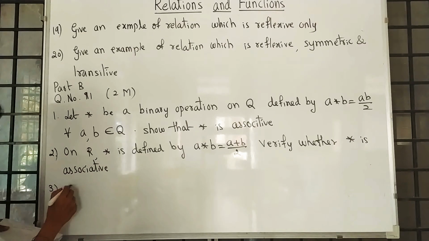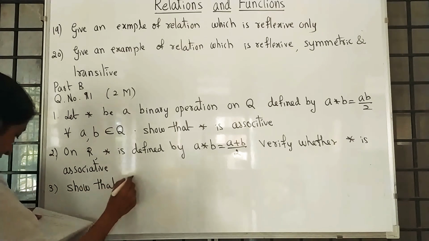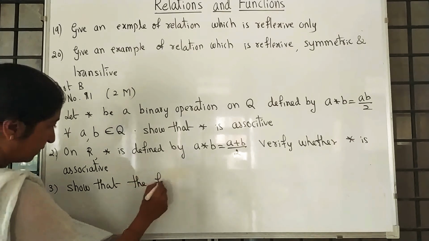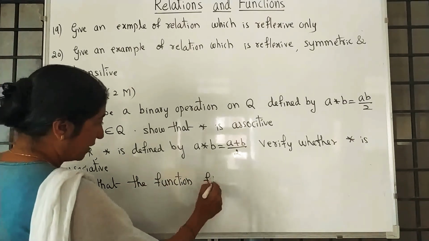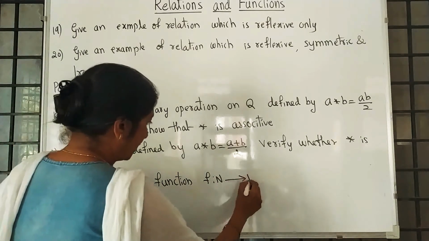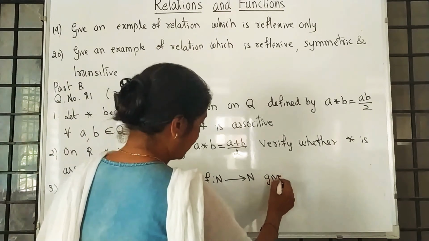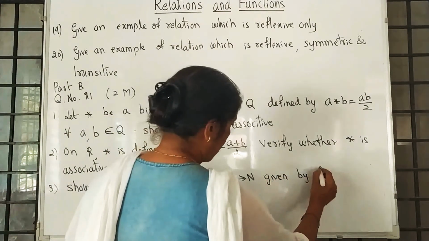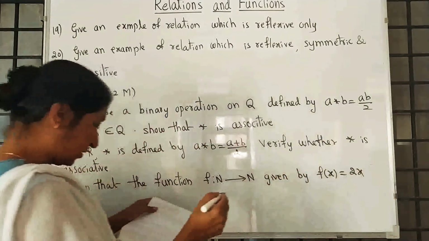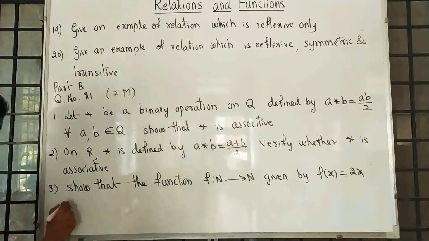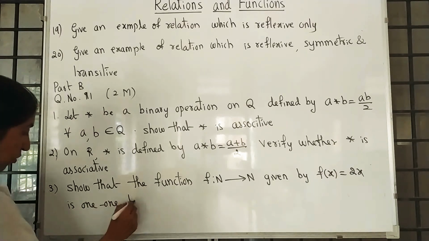Third question. Show that the function f from N to N given by f of x is equal to 2x is one-one but not onto.